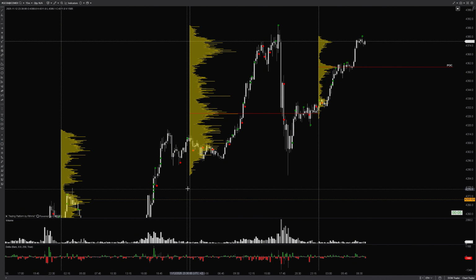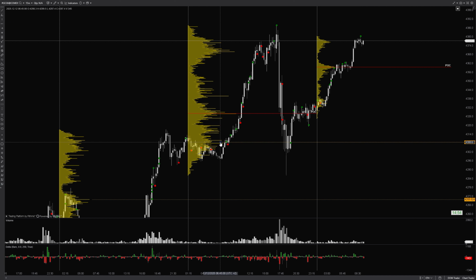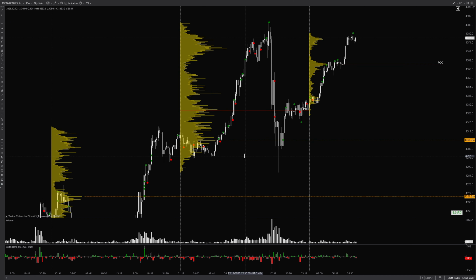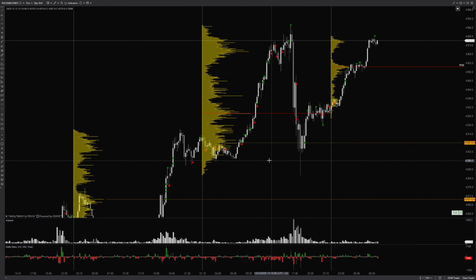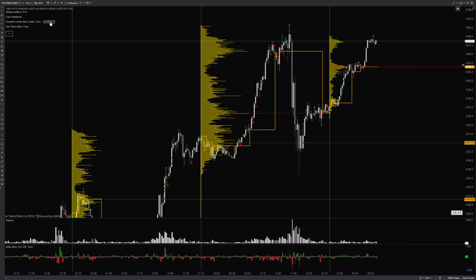See some spikes here, but this one is standing out for me because price has been hanging around here and then made the bullish movement. So I would mark up this level here. And just to confirm extra with the dynamic levels, let's see, it is definitely hanging around here and then a bit higher and then here at the top.